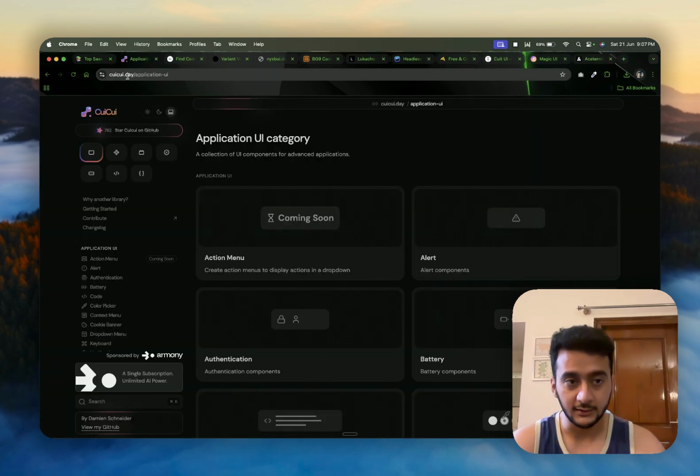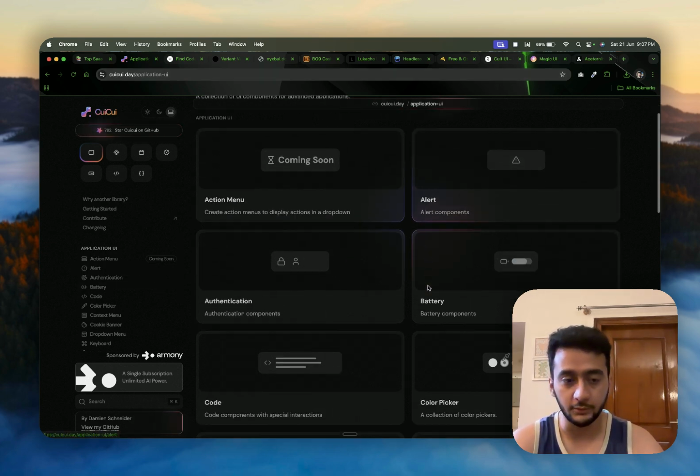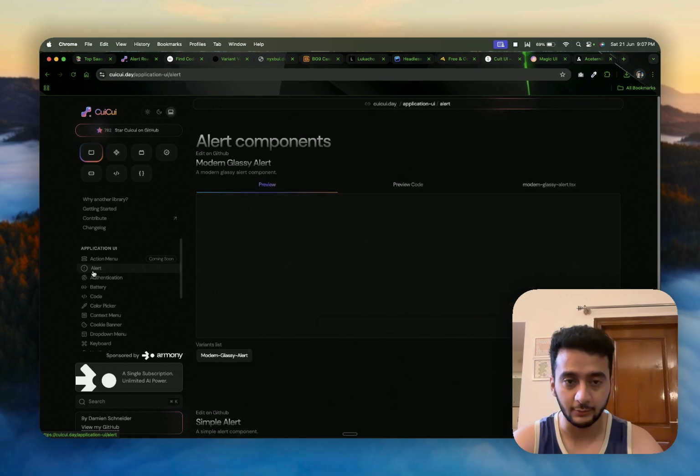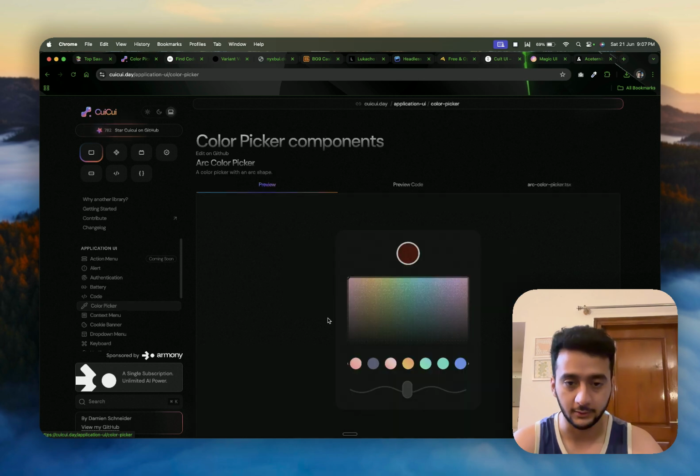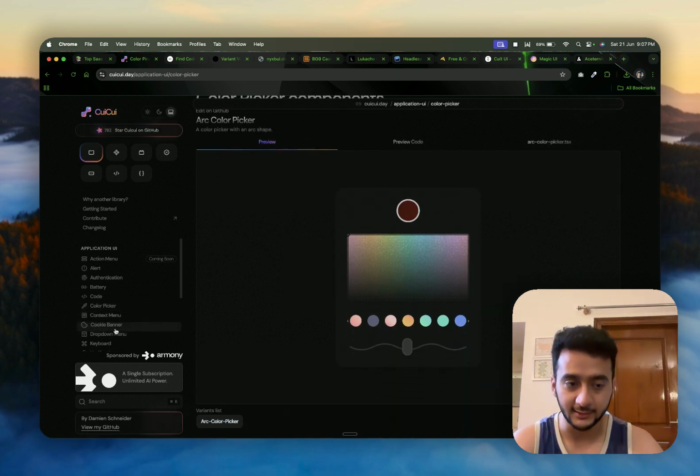Firstly is Cuckoo UI. I don't know, I just call it Cuckoo UI. A lot of components are in release, but what I really like about it is that they have some pretty good components such as the color picker, with a very neat UI.